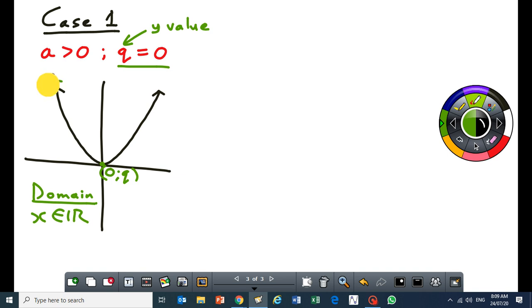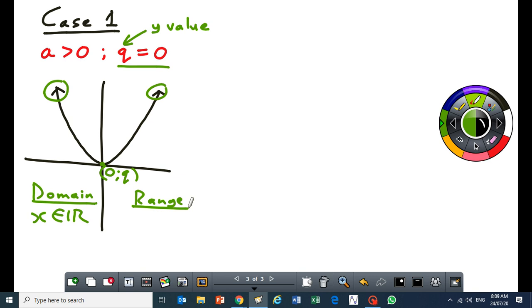Okay, because it goes down up to negative infinity and also up to positive infinity. The range, now, remember, the range is the set of the y values.